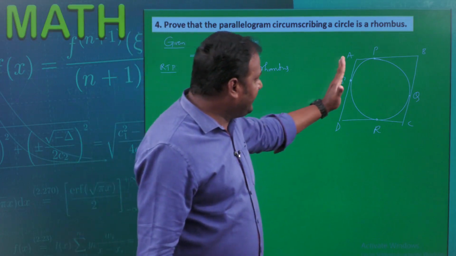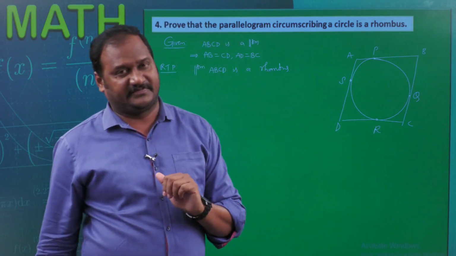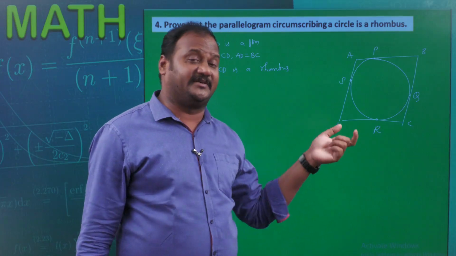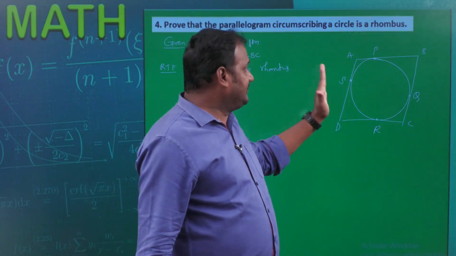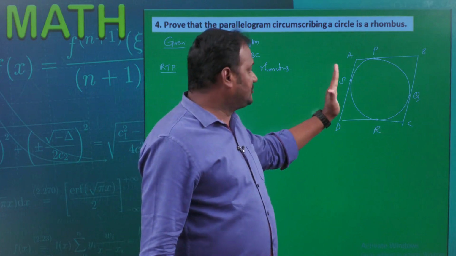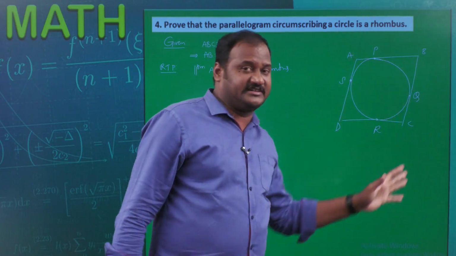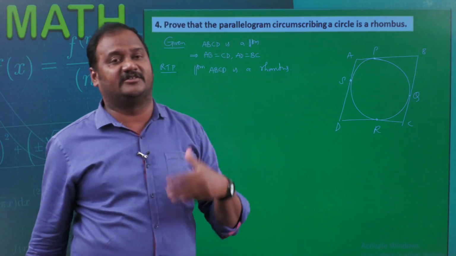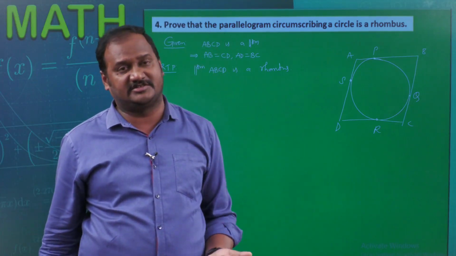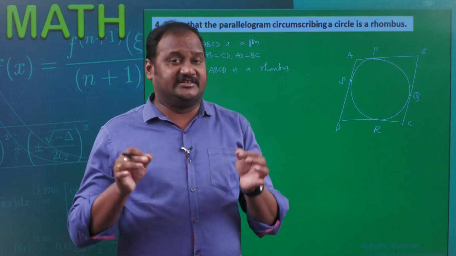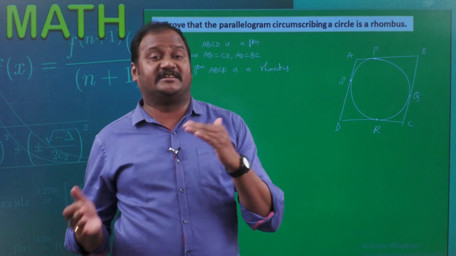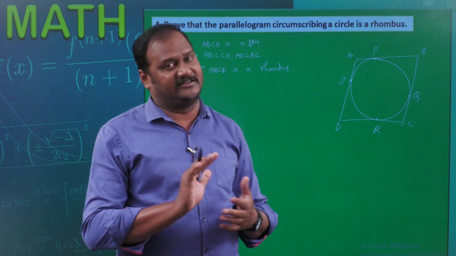Suppose if AD and DC both are equal, can we call this a rhombus? Because a pair of adjacent sides are equal. We know this side is equal to this side, but these two sides are not equal. Suppose if these two sides are also equal, then all four sides are equal. Then if all four sides are equal in a parallelogram, that is said to be a rhombus. So in order to prove a parallelogram is a rhombus, it is enough to prove that one pair of adjacent sides are equal in a parallelogram.